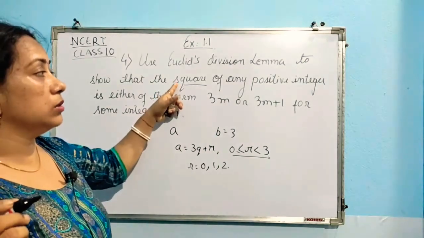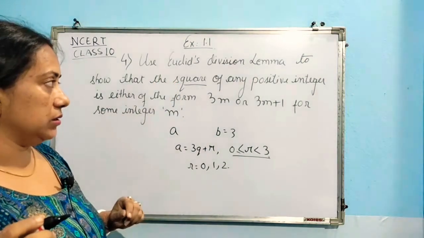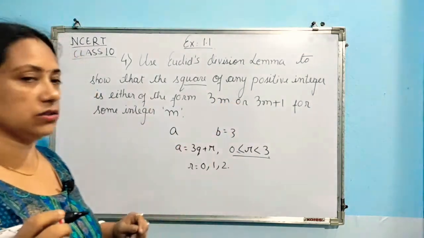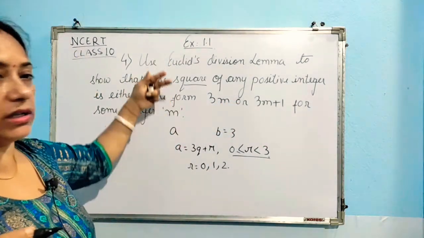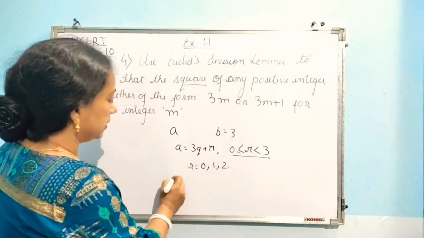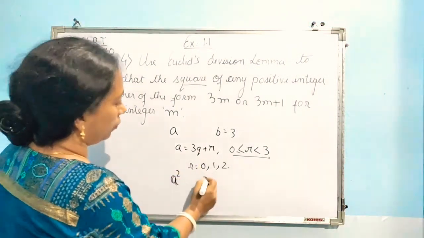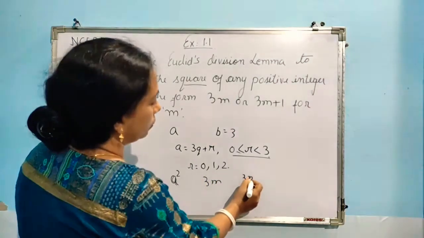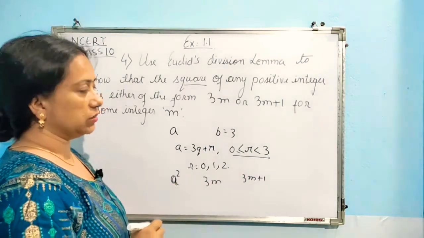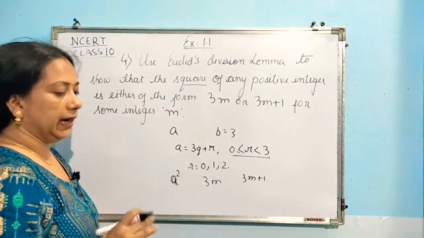They have asked about the square of the positive integer. So we do not have to prove that a is of the form 3m or 3m plus 1. What we need to prove is that a square is of the form 3m or 3m plus 1, where m is some integer.